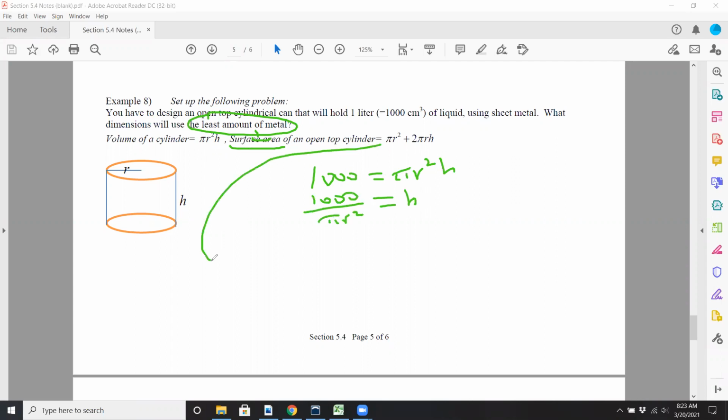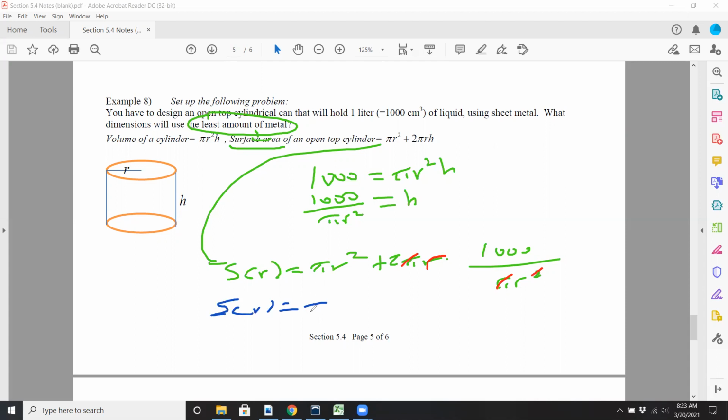Remember, it's an open top, so we get the surface area in terms of r: pi r squared plus 2 pi r times 1,000 over pi r squared. Fortunately, lots of things cancel and we can simplify further. S of r is pi r squared plus 2,000 times r to the negative 1 power.